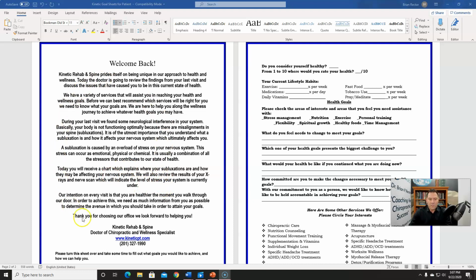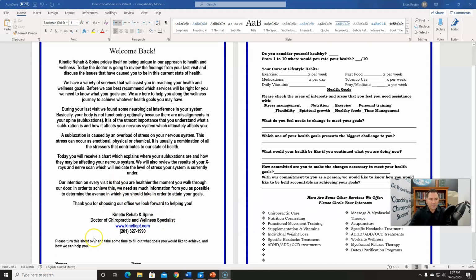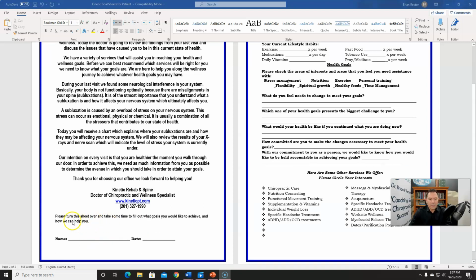So even though this is completely customizable for every office, you want to make sure you follow the guides, like what your philosophy is here, what the patient's going to be going through here, and then really what the patient should expect, connecting the dots, filling in those gaps, and then of course a little thank you to the patient, and then instructions. So we want them to return this, filled out after the goal sheet.